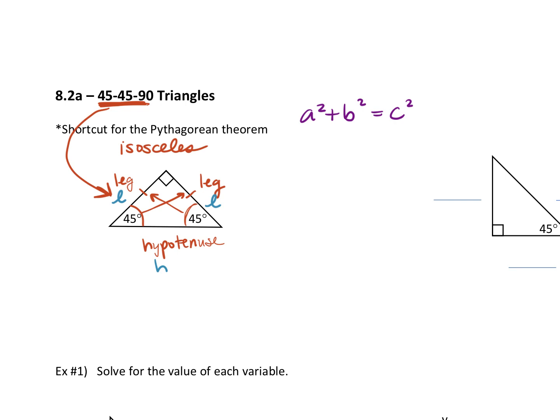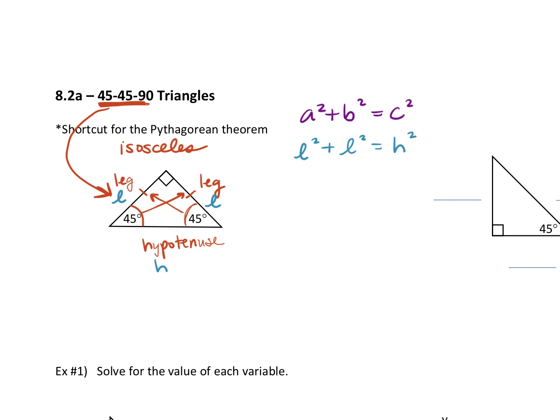For right now it's going to be H. To set this up in the Pythagorean theorem, it would be L squared plus L squared equals H squared, right? So the idea is if we can come up with all three of these sides having the same variable, that would be super helpful. So what I'm going to do is try to solve H in terms of what L is.